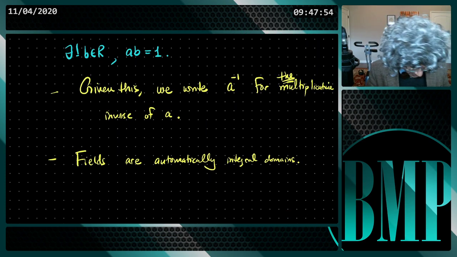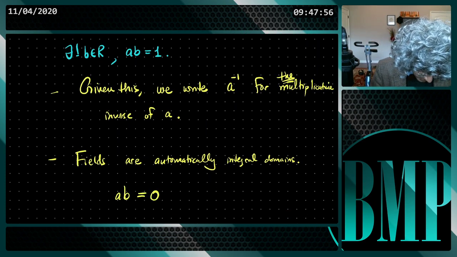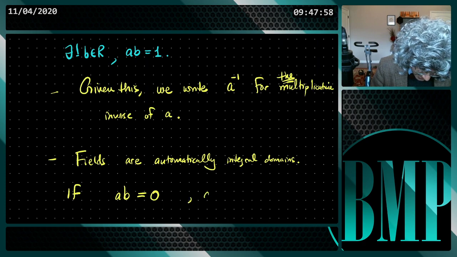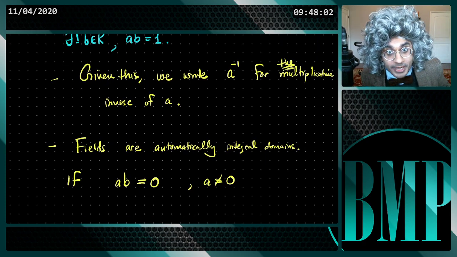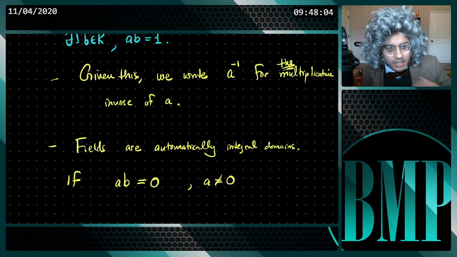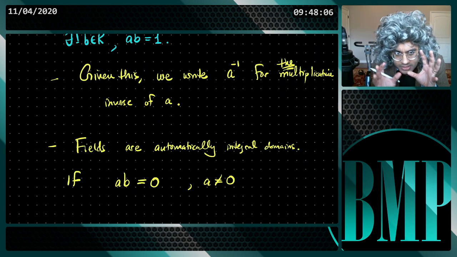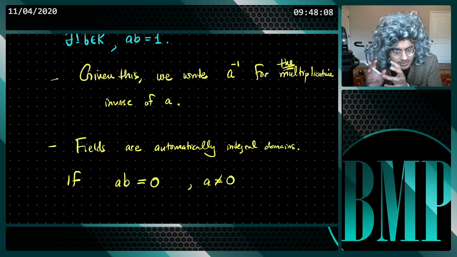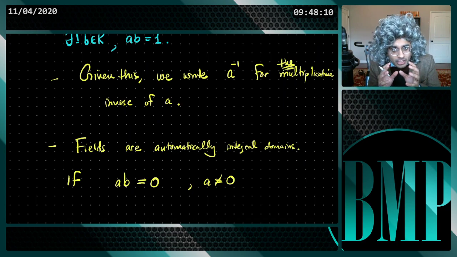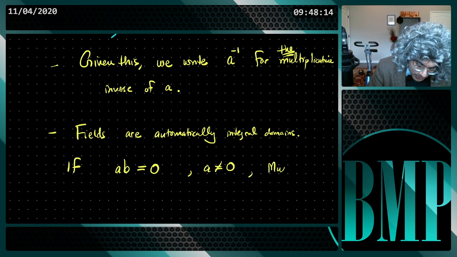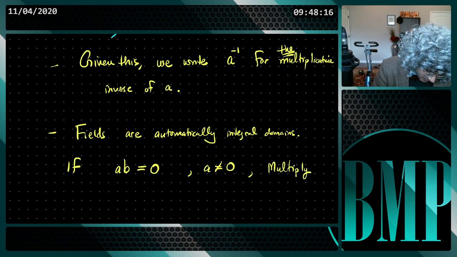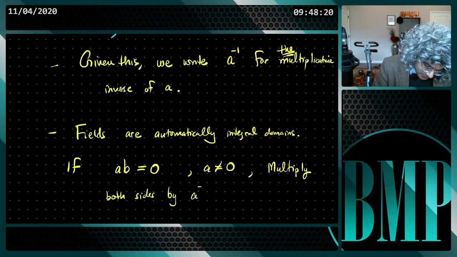And that's because if A times B equals 0 and A is non-zero, I'm looking for zero divisors. If a non-zero element A times B is 0, multiply both sides by A inverse.